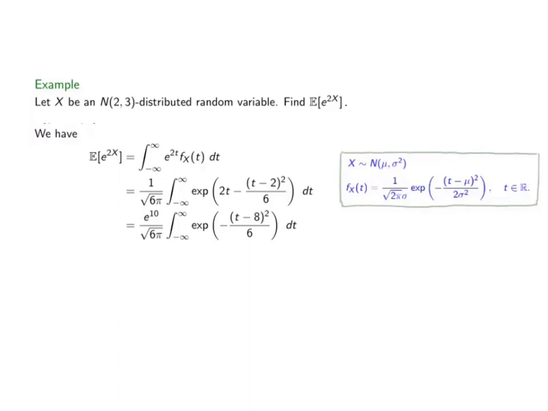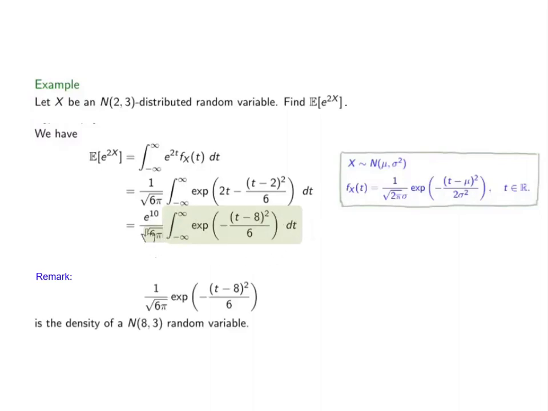When we come across this type of integral, it would be easier for us to evaluate its value by relating this integral with other familiar integrals with known values. For example, we should be aware that this expression is equal to 1 because this expression represents the probability density function of another random variable with mean equals 8 and the variance equals 3.